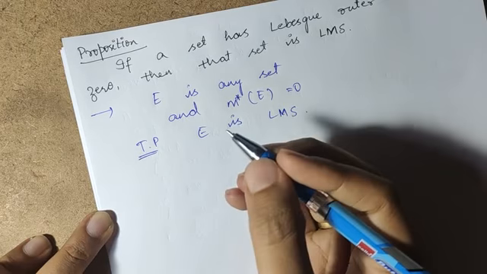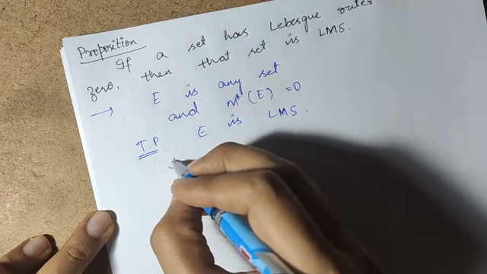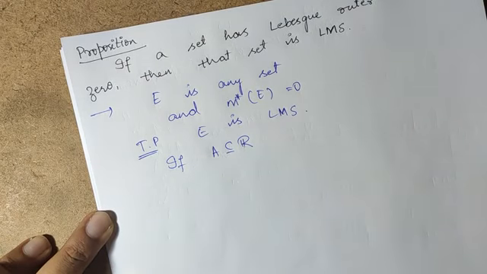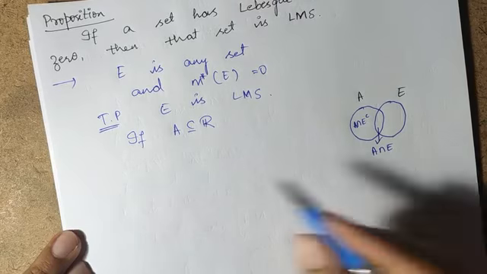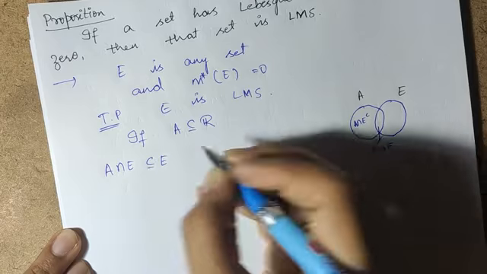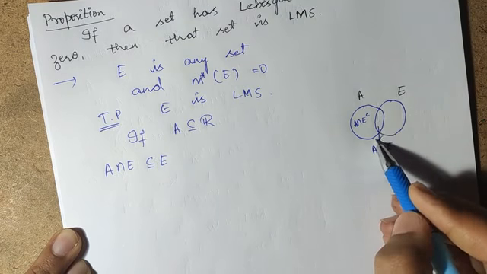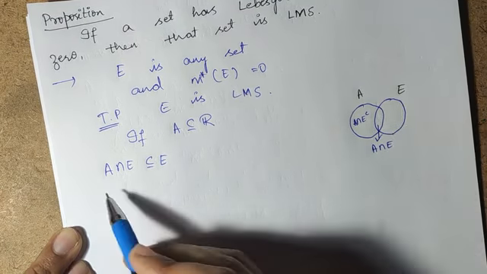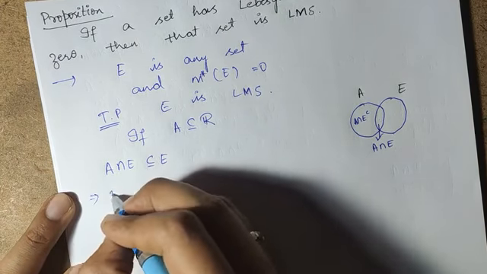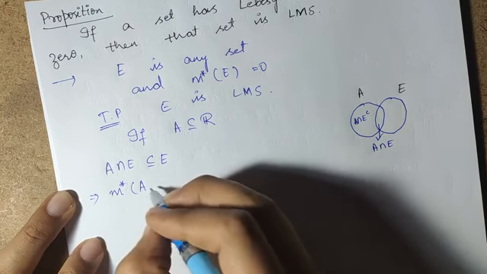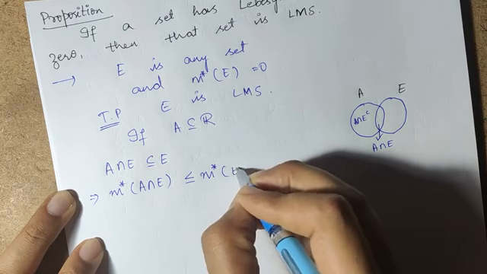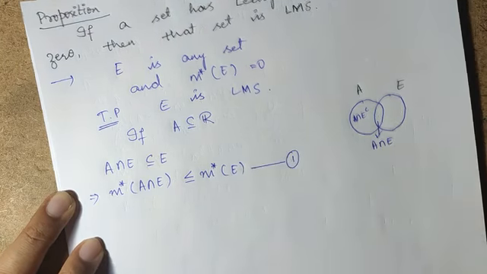So from the Lebesgue measurable set definition, I can start with: if A is any subset of R. From this figure, I can say A intersection E is a subset of E. A intersection E is a part of E. So from the monotonicity property of m star, I can write m star of A intersection E is less than or equal to m star of E. I will call this inequality 1.